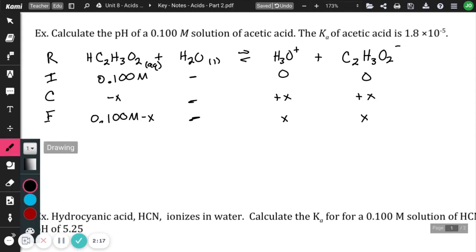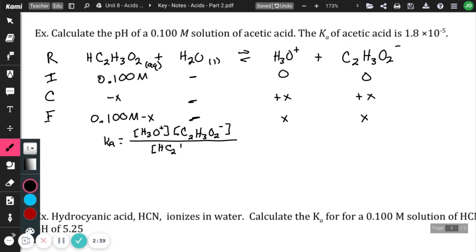Okay, now I need to actually write out my equilibrium expression. So I have Ka equals the concentration of H3O+ times the concentration of C2H3O2- over my concentration of HC2H3O2. I have my Ka equaling 1.8 times 10 to the negative 5.